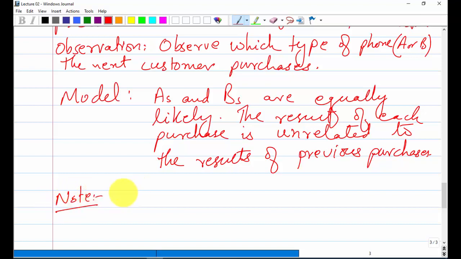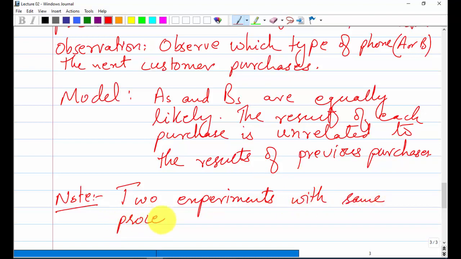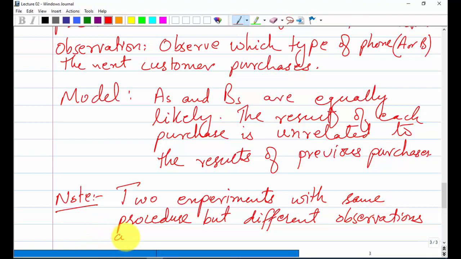that two experiments with the same procedure but different observations are different experiments.